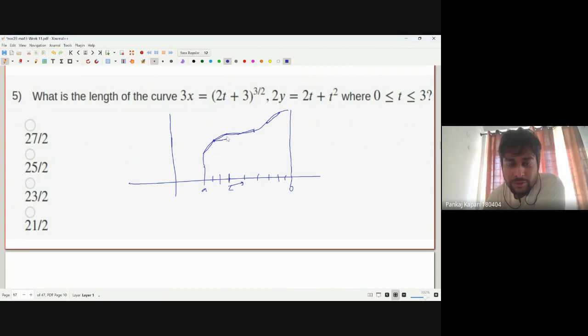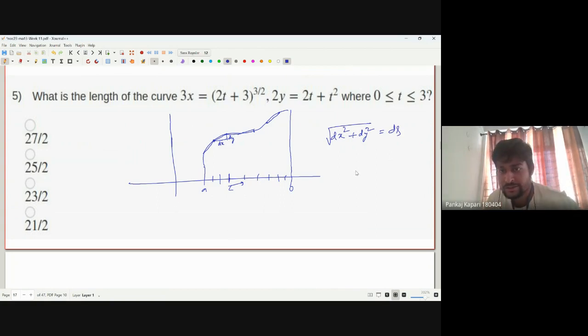So if this length is dx and this length is dy, what is the length of our chord? It is the square root of dx square plus dy square. This we call ds. That means we have to integrate ds.